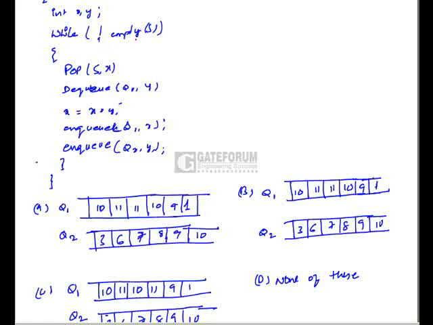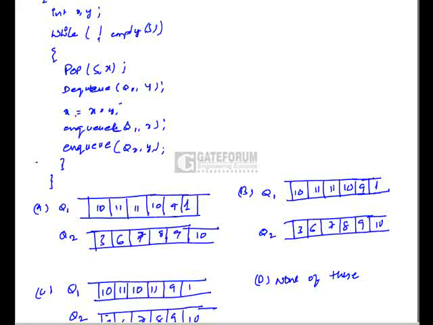While stack S is not empty, we have to pop the stack and store it in variable x, and after that we have to dequeue, remove the element from the queue Q1 and store it in y.